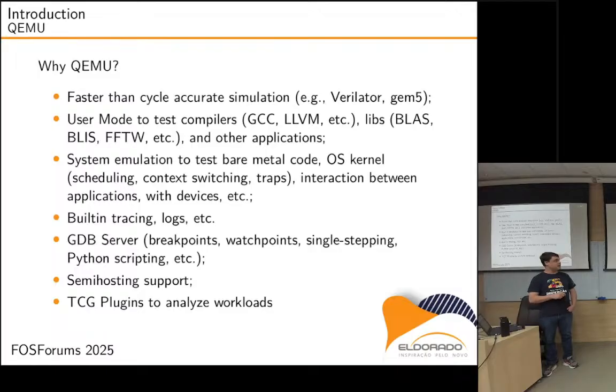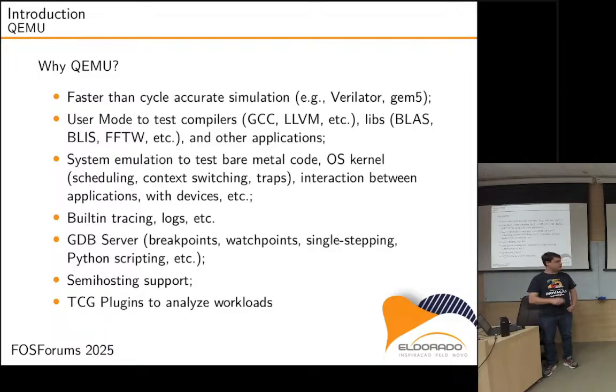There is an integrated GDB server where you can use breakpoints, watchpoints, single step through the code, and use Python scripting to automate testing. There's also semihosting support. Semihosting is a standard developed by ARM to test devices, and it was released under the Creative Commons Zero license. So RISC-V adopted this license, and it's now ratified, and QEMU supports that.